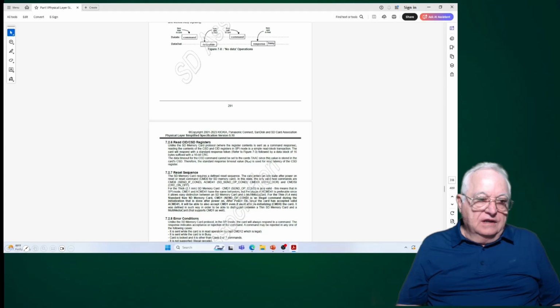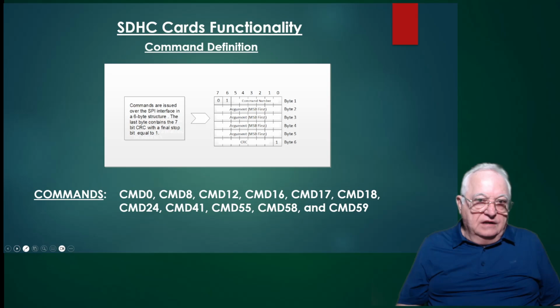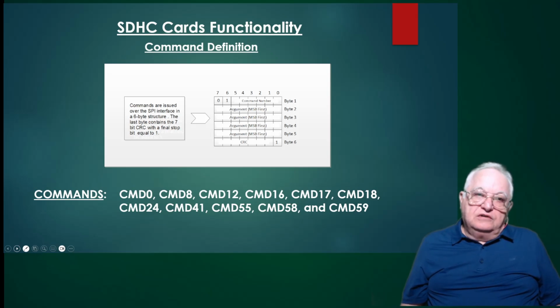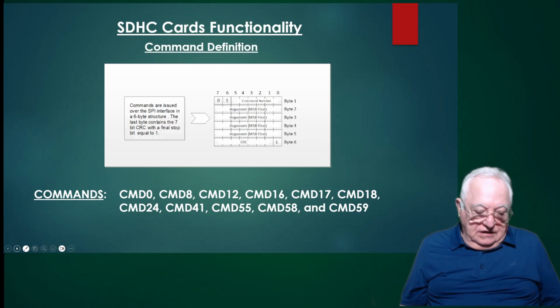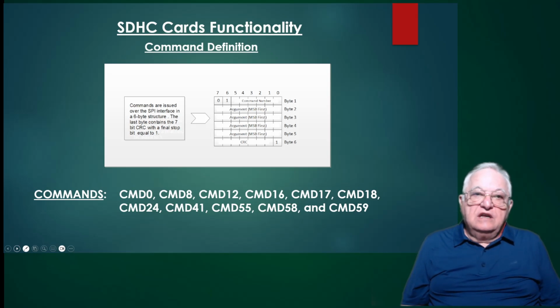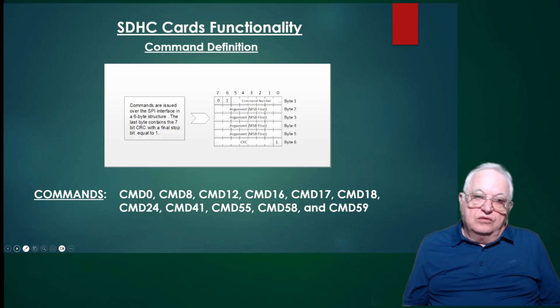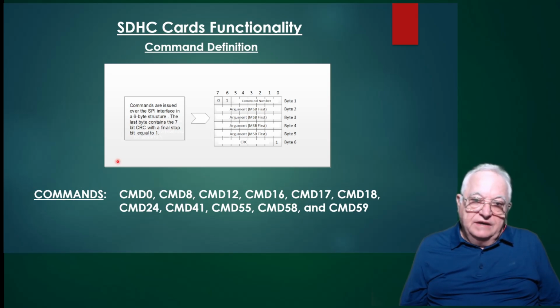Okay, so let's continue. First thing I'm going to do is show you what a command looks like. When we communicate with the SDHC, the communication is accomplished by sending commands to the SDHC, and each command, of course, goes through the SPI.